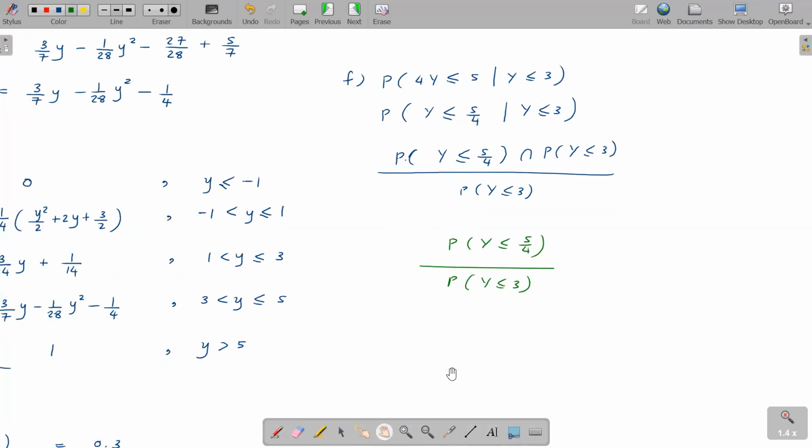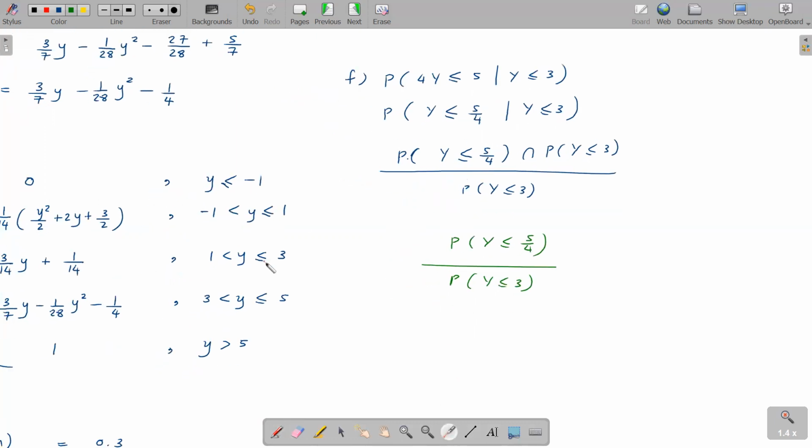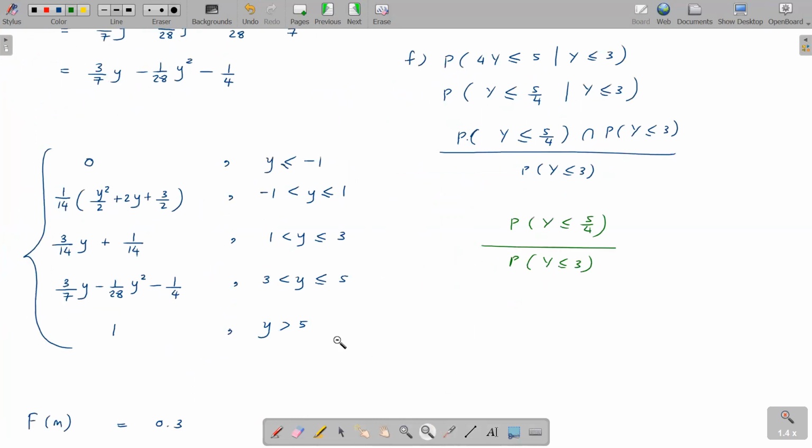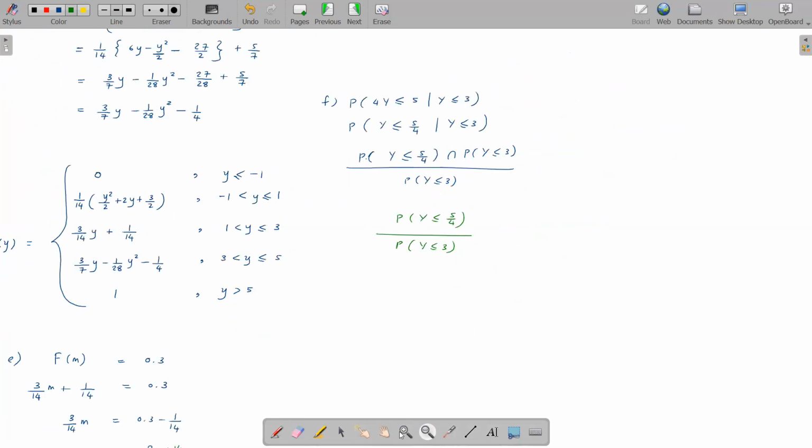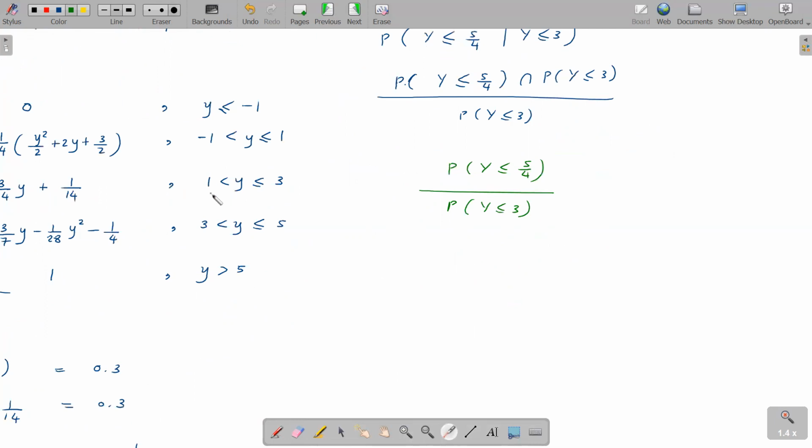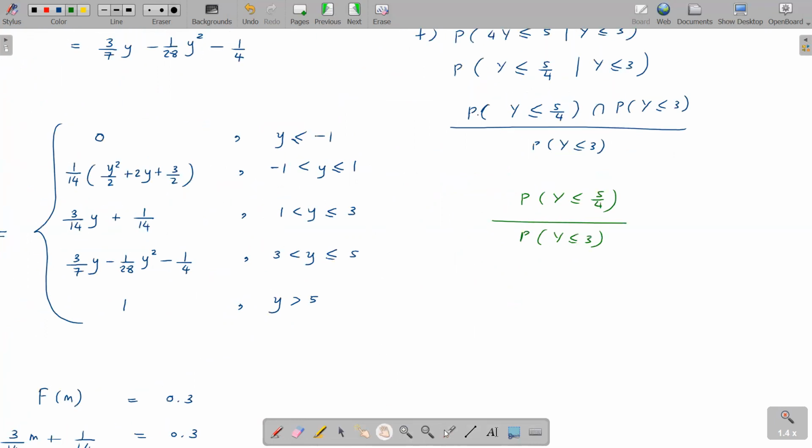To get the probability y less than or equal to 1.25, to which region do I need to go? Go to values between 1 and 3, right? Because 1.25 is between 1 and 3. So go over here and replace y with 5 over 4: 3 over 14 times 5 over 4 plus 1 over 14. Are you following what I'm doing here?